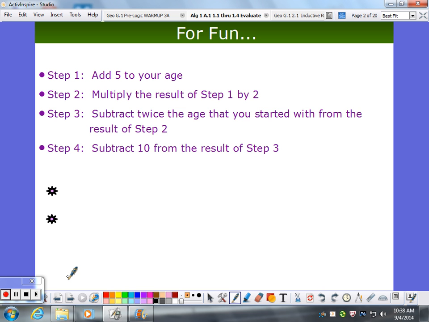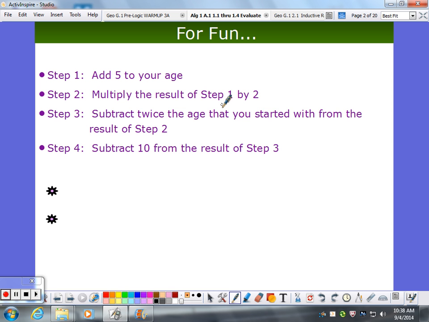Okay. Now, here's the tricky bit. You ready? It says subtract twice the age you started with. So if you're 12 and you started with 12, you're going to multiply that by 2, twice your age, and subtract it from what you got in the first step.